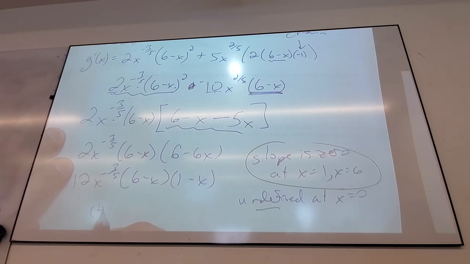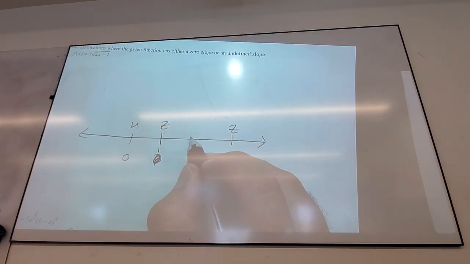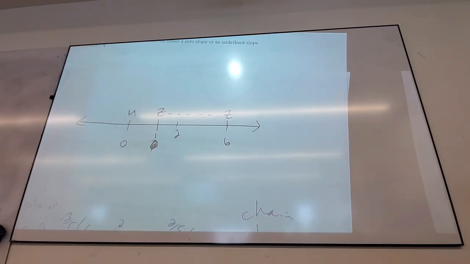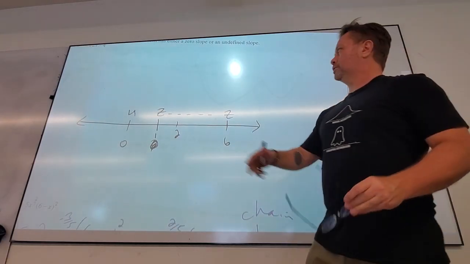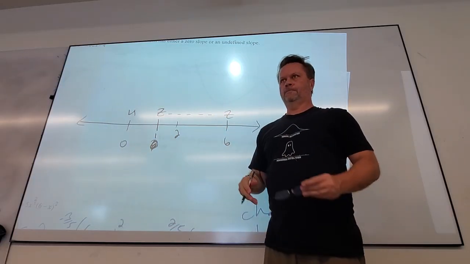Positive. 2 into this, what do I get? Positive. 2 into this, what do I get? Negative. So what's the value of the slope at 2? Positive times positive and negative is negative. It's negative at 2, so it has to be negative in this whole region, because the only places it could change sign is where it goes through 0 or it's undefined.